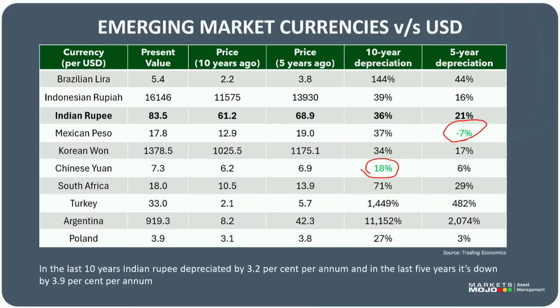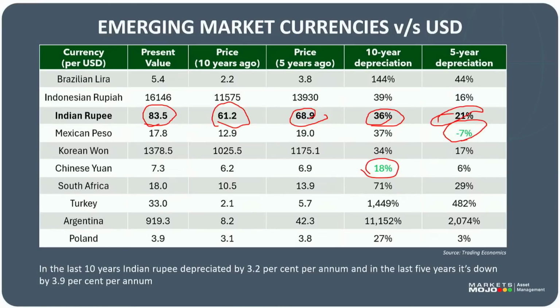But Indian currency in the last 10 years has depreciated by 36%. Not annually, absolute. Why absolute? Because 10 years back, the rupee versus dollar rate was 61.20, which is now 83.5. So we have depreciated by 36%. Okay. And 5 years back, the rupee versus dollar was 68.9. That means we have depreciated in 5 years by 21%, isn't it?